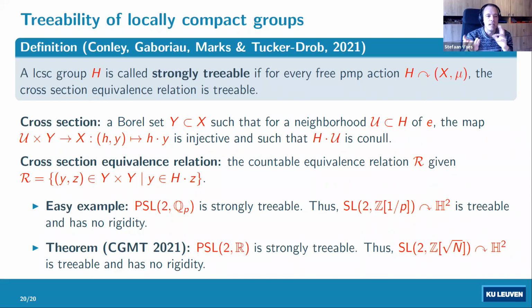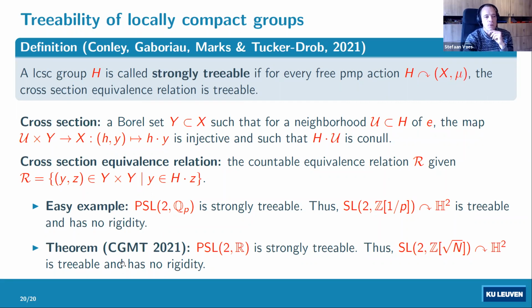Again, by this dictionary of passing from discrete groups to their locally compact ambient groups, the orbit relation of PSL2 Z[1/p] acting on H2 will actually be stably isomorphic to the cross-section equivalence relation of an action of this group, and therefore it's a treeable equivalence relation and has no rigidity.